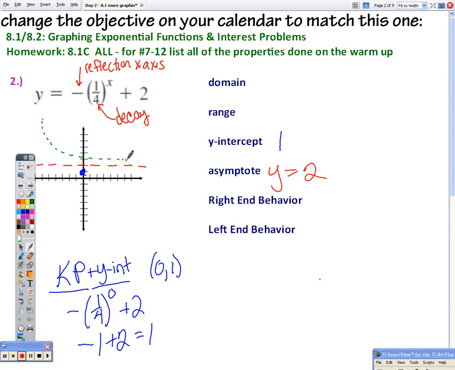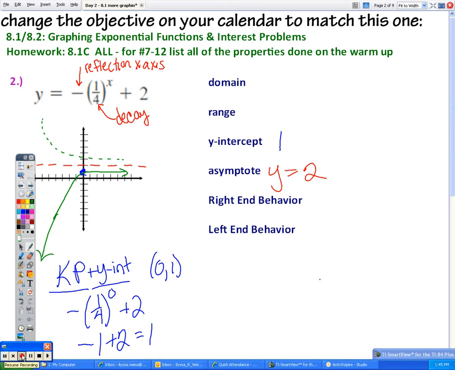So now if I reflect that over, instead of looking like this, it's going to look that way. Except I should probably not touch my asymptote, so hang on. There we go.